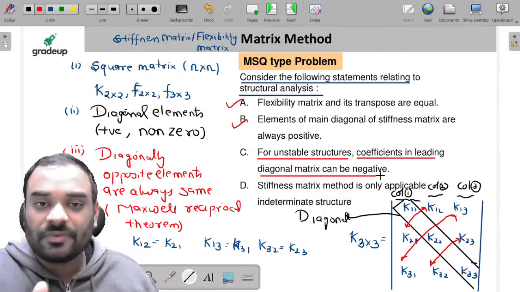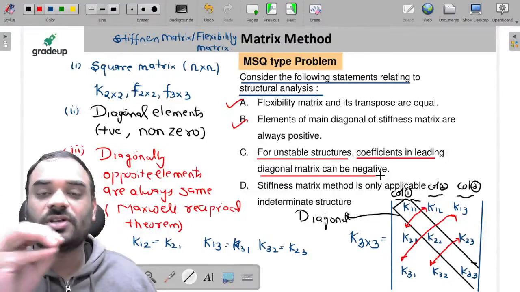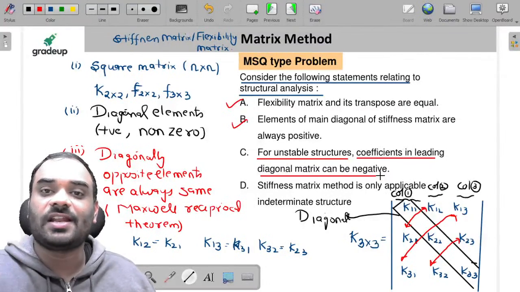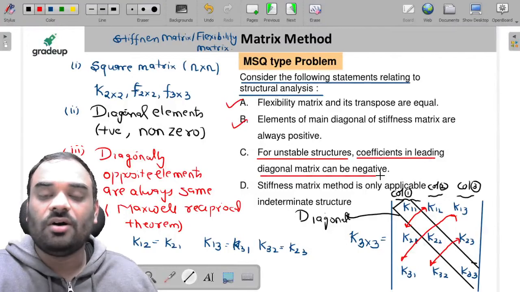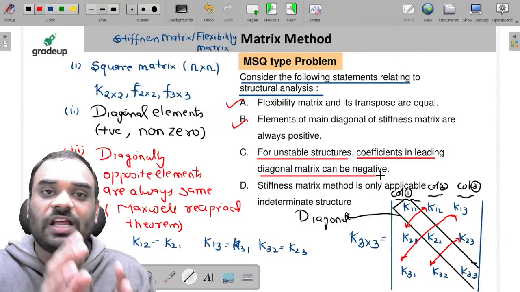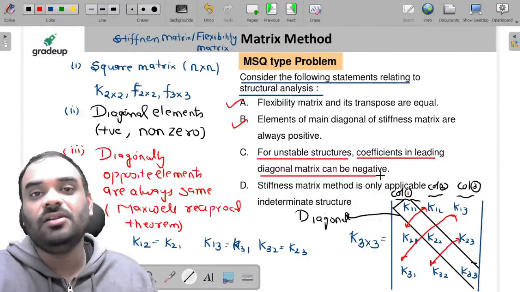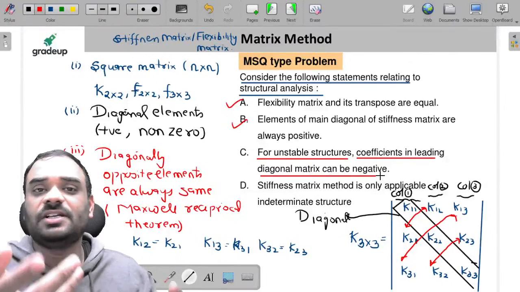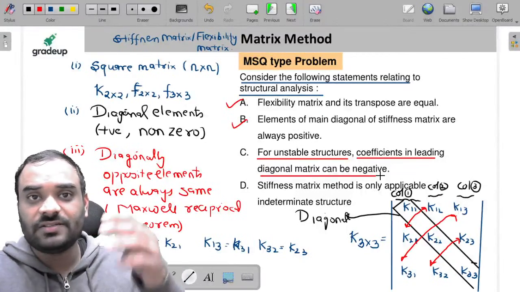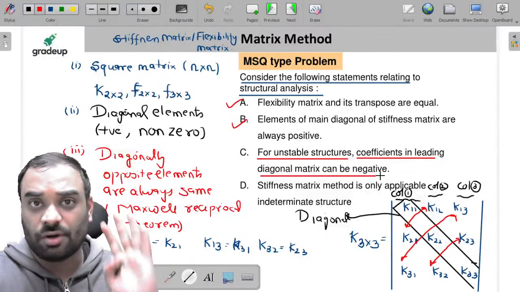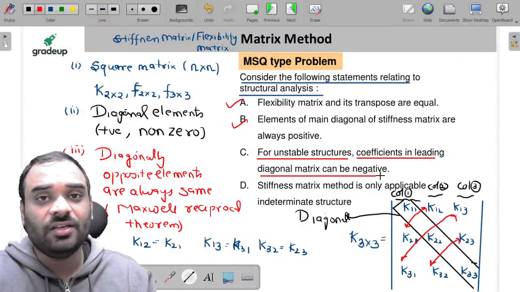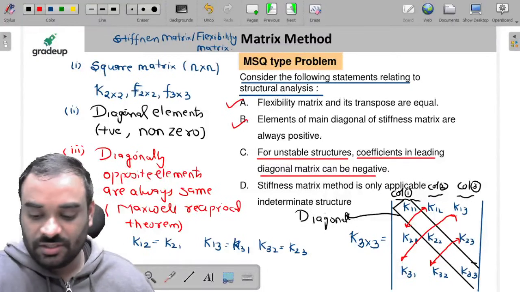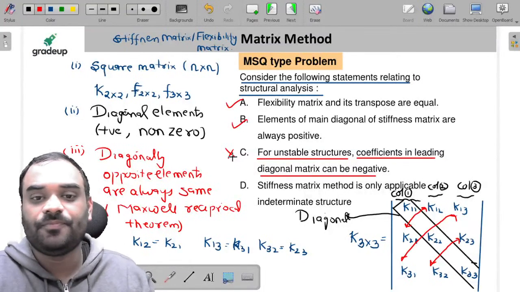My dear friends, if you use any unstable structure, you are not able to apply the method of structure analysis, because these methods of structure analysis are only applicable on stable structures. Understood? Whether it is determinate or indeterminate, that is the concept which we have to use later on. But the first thing, we have to eliminate unstable structure first. So this one is wrong, right?